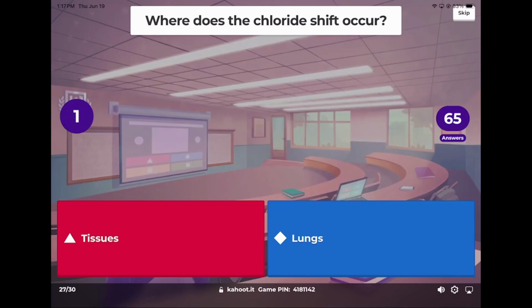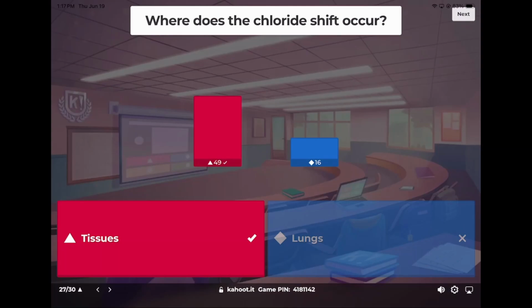Bicarb. Bicarb. Remember, we have CO2 as a gas. We have to be able to get it dissolved in the blood and then have it be remade as a gas later on. Bicarb is a great way to do all that. So the chloride shift occurs at the level of the tissues, and the reverse chloride shift happens at the level of the lungs. Okay, so make sure you get those straightened out.